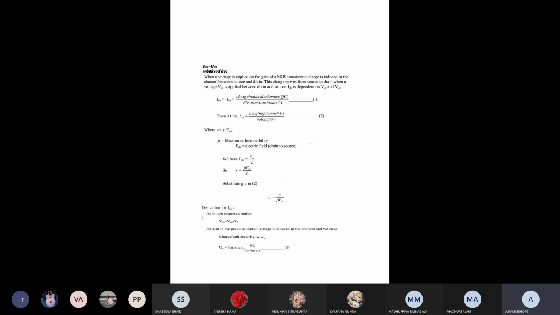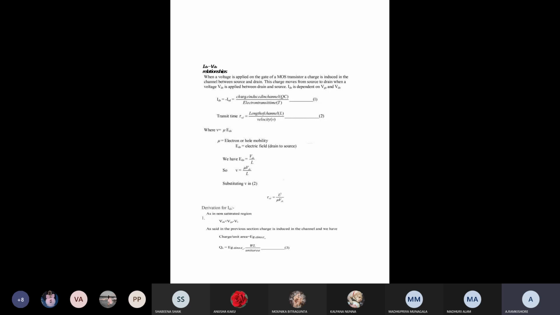From the above equation, we write the induced charge Q_C is equal to E_g epsilon epsilon naught W into L. So the induced charge in the channel is in terms of the gate voltage electric field and some constant factors, epsilon naught W into L. Here E_g is the electric field between the gate and channel, epsilon is the relative permittivity of the insulation between gate and channel, epsilon naught is the permittivity of free space, W is the width of the channel and L is the length of the channel.